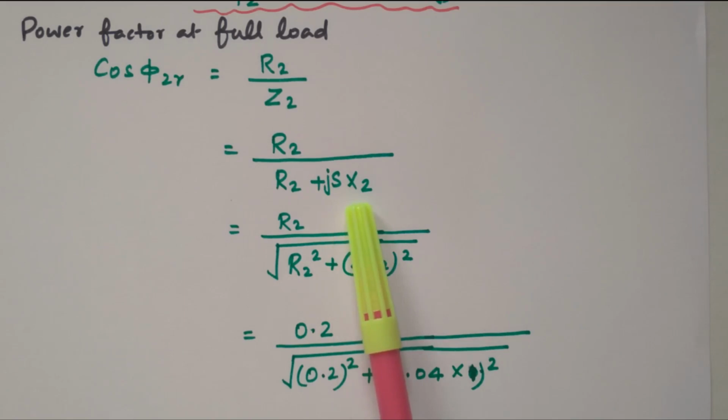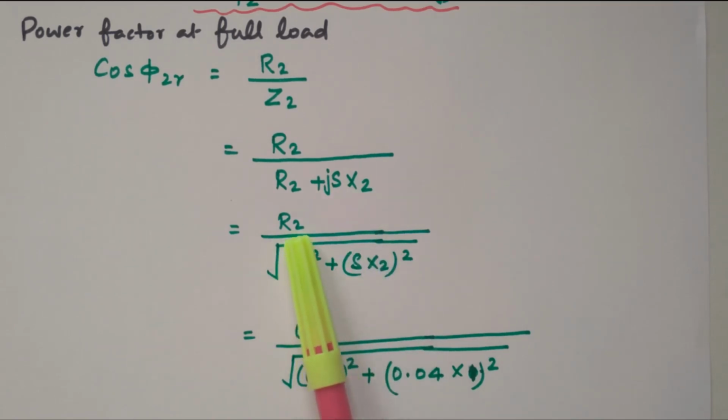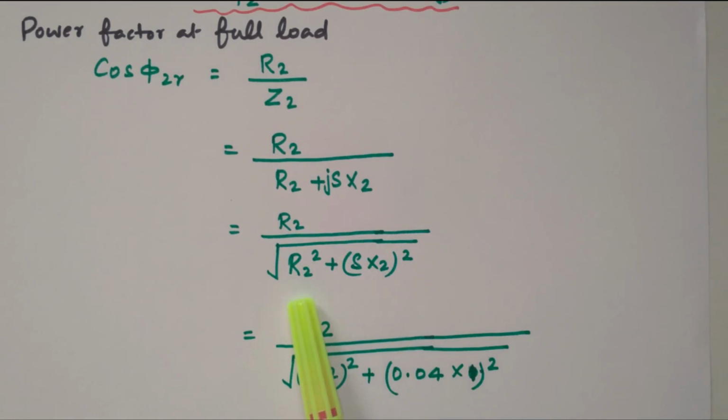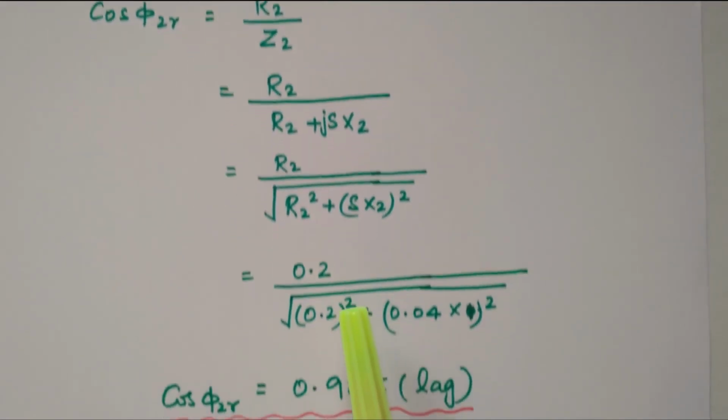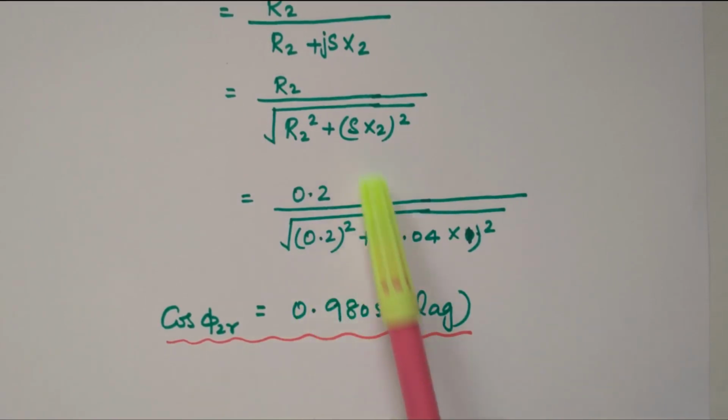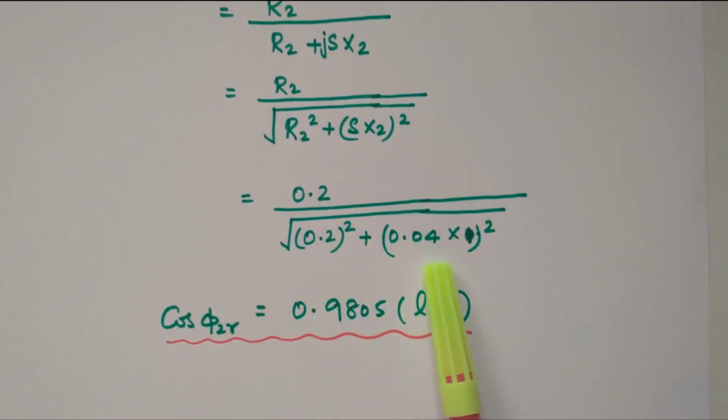So, S into X2. So, that is R2 divided by R2 plus jS X2, complex number can be written in the magnitude, square root of R2 square plus (S into X2) square. All these values are available, we can substitute the values. R2 value is 0.2, this 0.2 square plus the slip of the induction motor 0.04 into X2, which is 1 ohm.